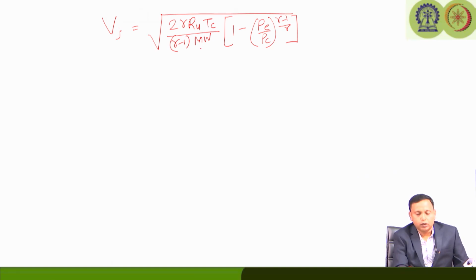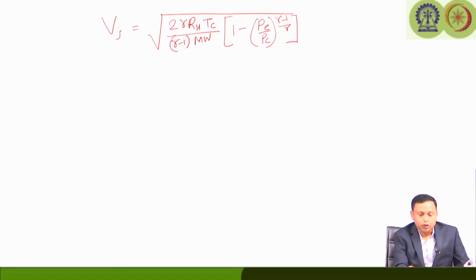The molecular weight of the products will have a negative, reverse influence: an increase in molecular weight is going to decrease the value of Vj. So we want the molecular weight of the products to be on the lower side, so that it can give a higher Vj, or higher efflux velocity or jet velocity.